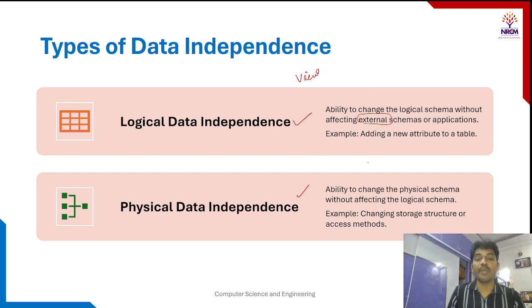Coming to physical independence, it is the ability to change the physical schema without affecting the logical schema. We know that there are three levels: view level, logical level and physical level. If you do some changes in the physical level, it is not going to affect the logical level. These things concentrate on data independence.